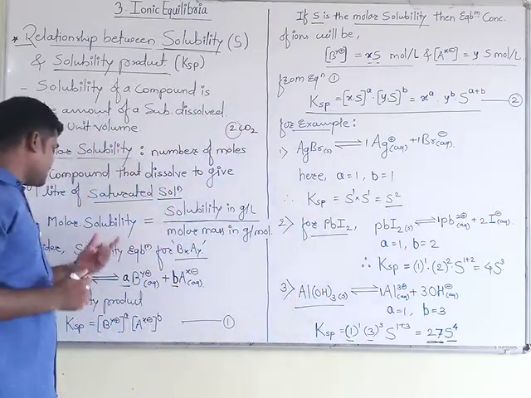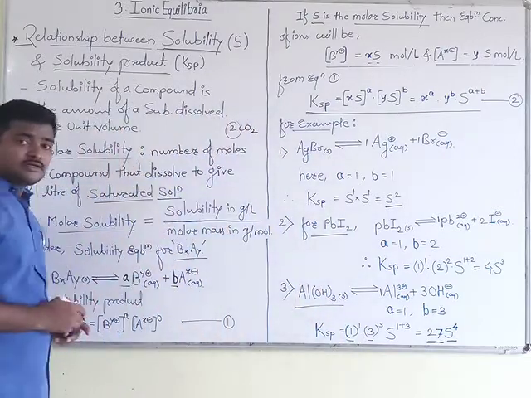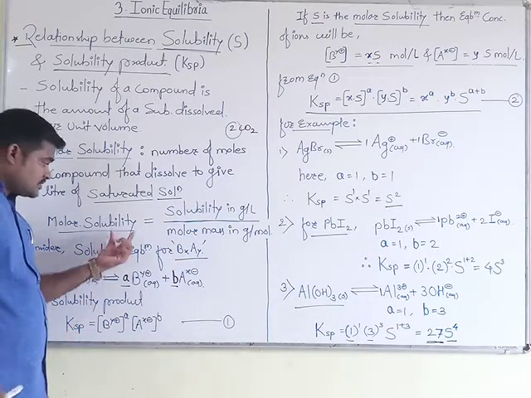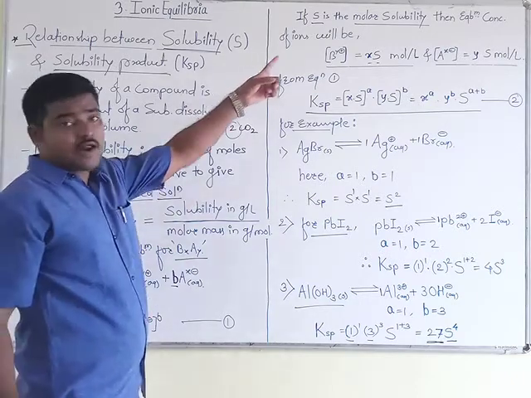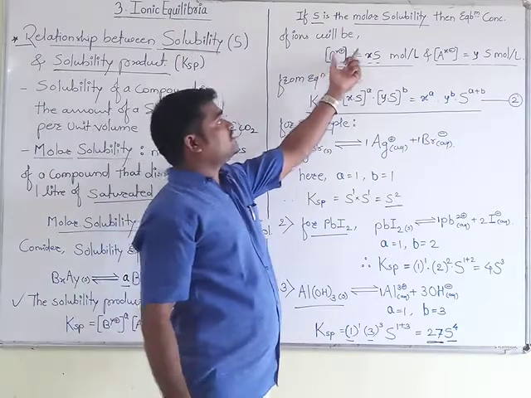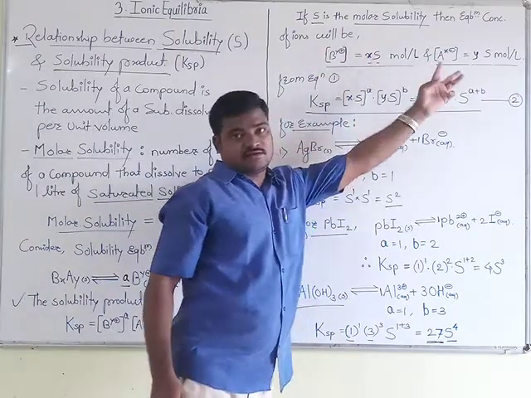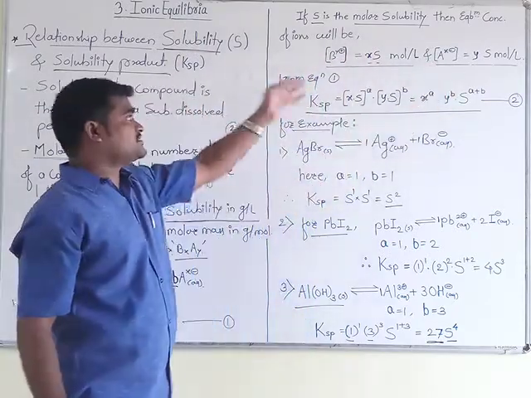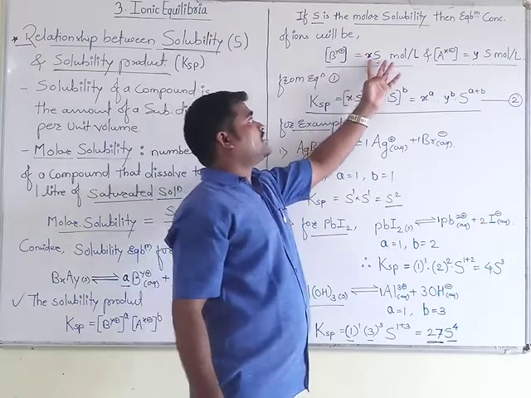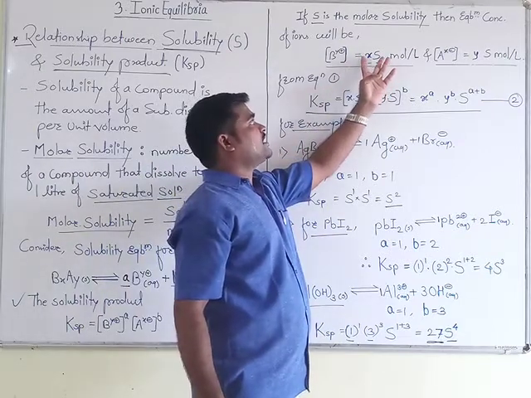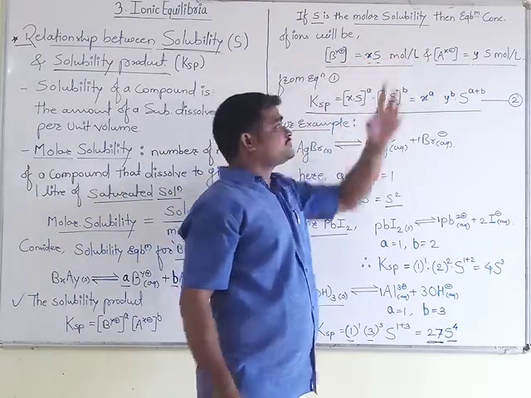I already stated the molar solubility; this term I have used to calculate the concentration of both the ions. Now on calculation we are getting these two terms, xS mole per liter and yS mole per liter.